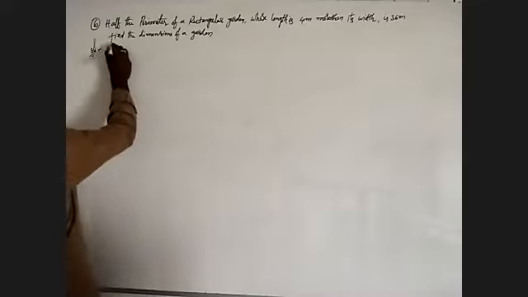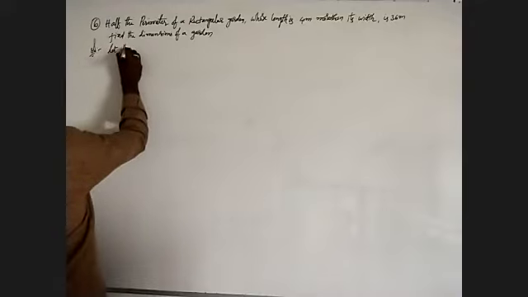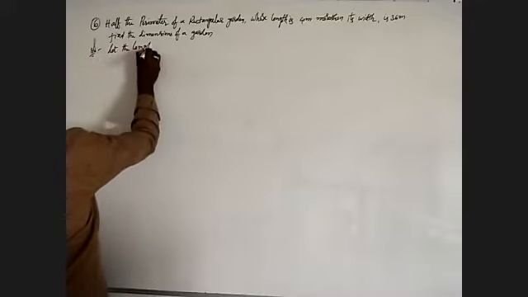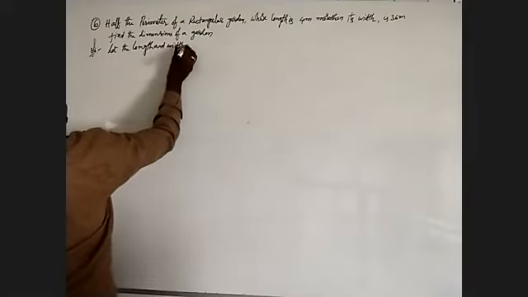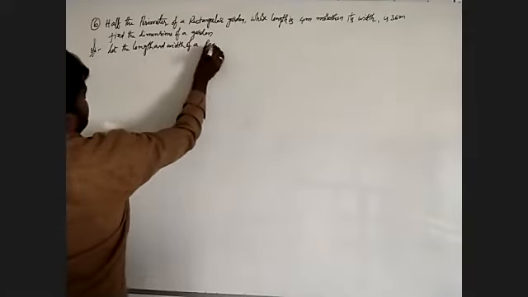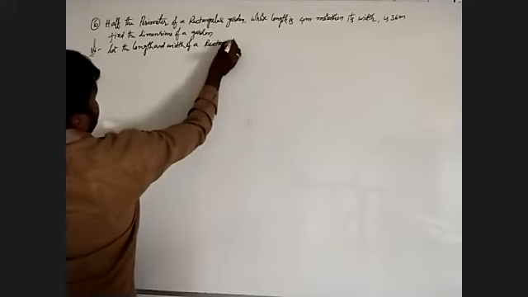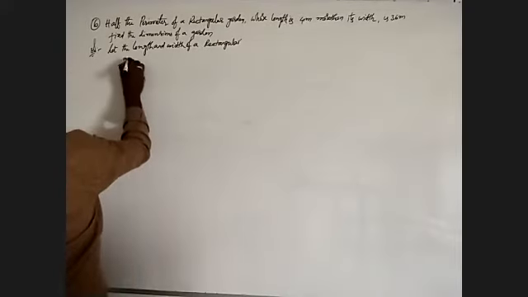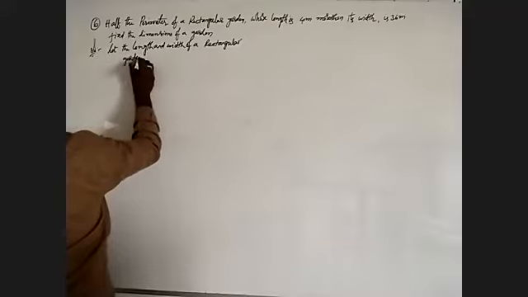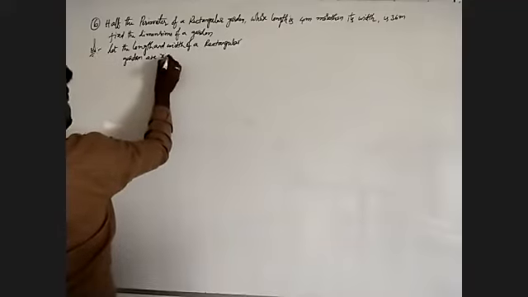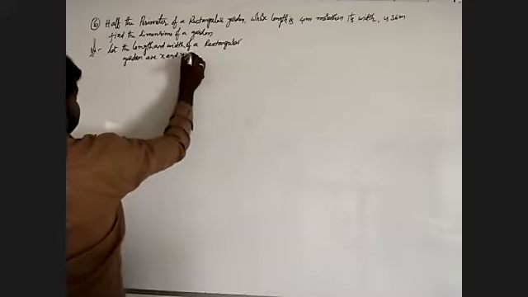First we take: let the length and width of the rectangular garden be x and y respectively.